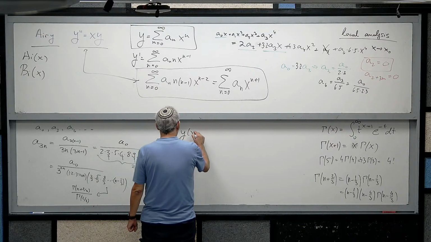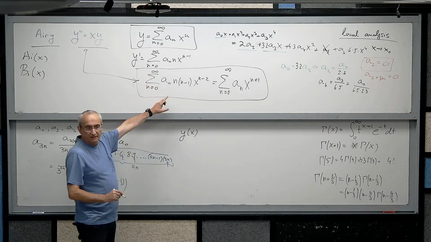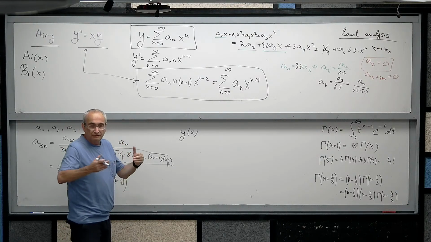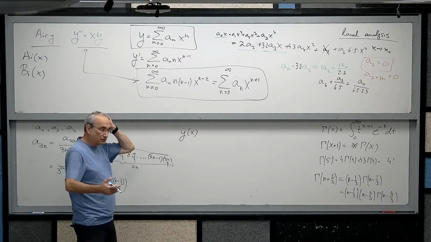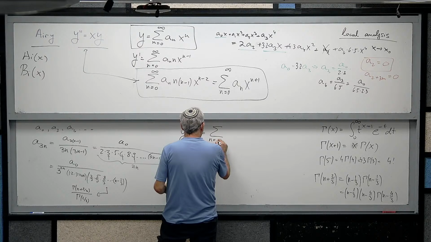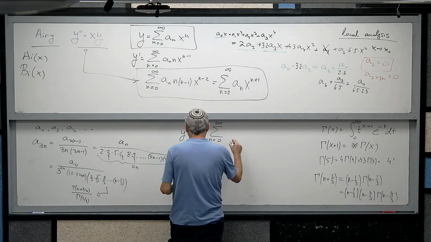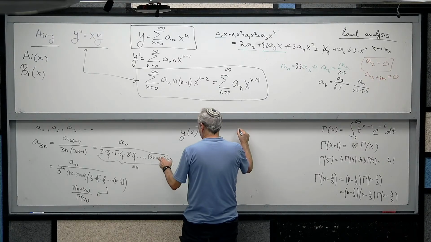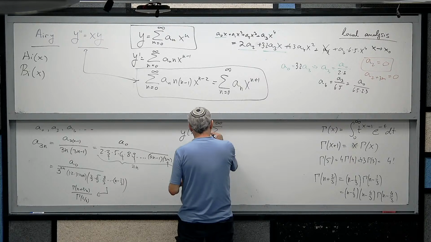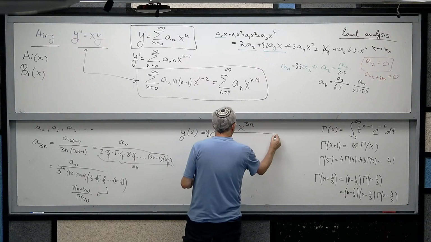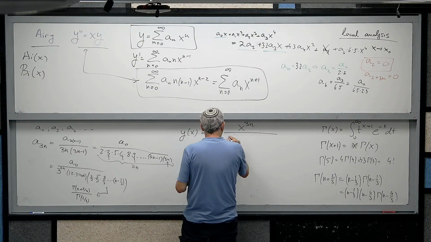y of x. So we did find a single solution of the Airy equation. One of the solutions. We have two independent solutions. This is one of the solutions, and this solution is the sum from n equals 0 to infinity of a naught, the a naught is outside here, times x to the power of 3n divided by 9 to the power of n.